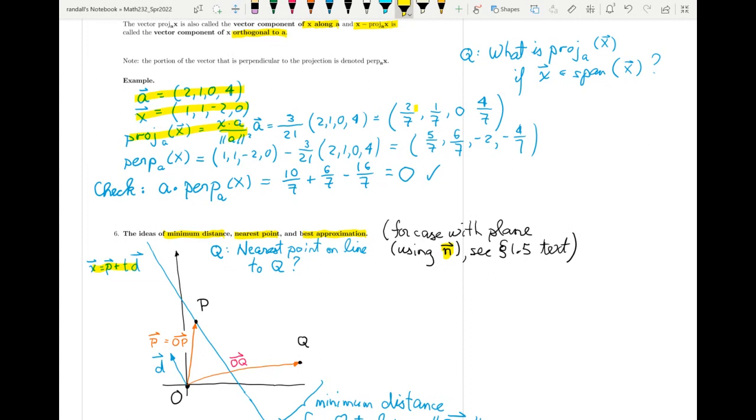So x dot A over A squared times the vector A. And if we do x dot A, we get 3. And the norm of A squared is 21. Multiplying that against A, I get this vector here. All right, so there's my vector parallel to A. And the perpendicular part now is simply removing from x this parallel part. Okay, so I'll do that, and I get this vector down here. Okay, so these two vectors that I've just highlighted, you can add them up, and you will get x.